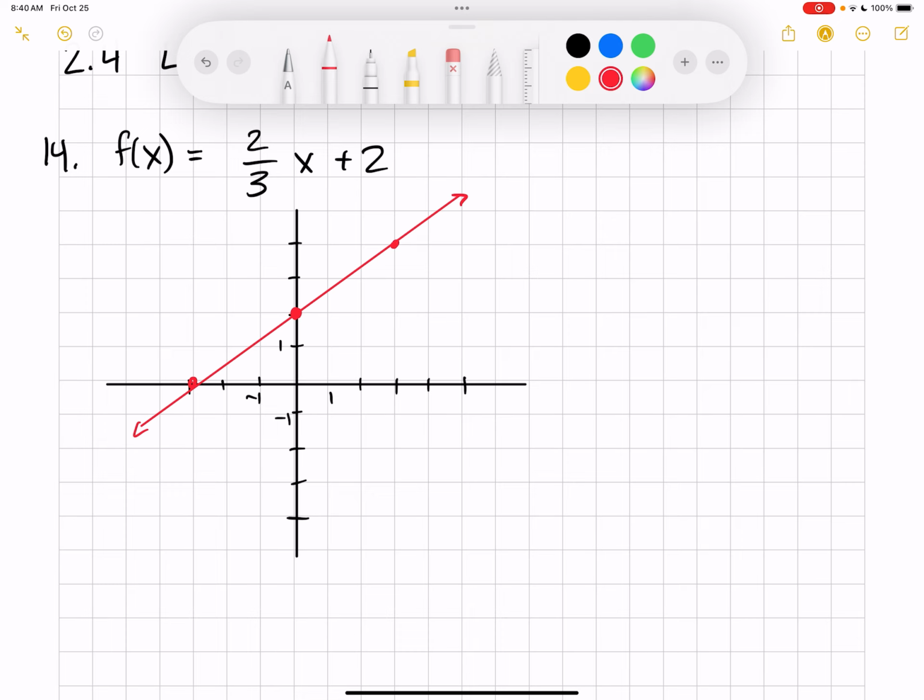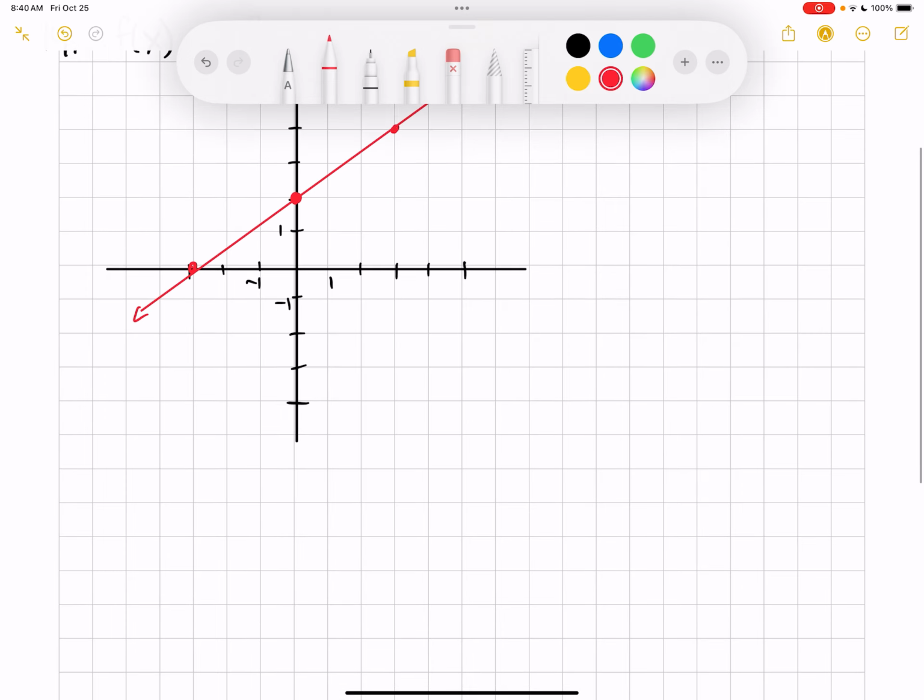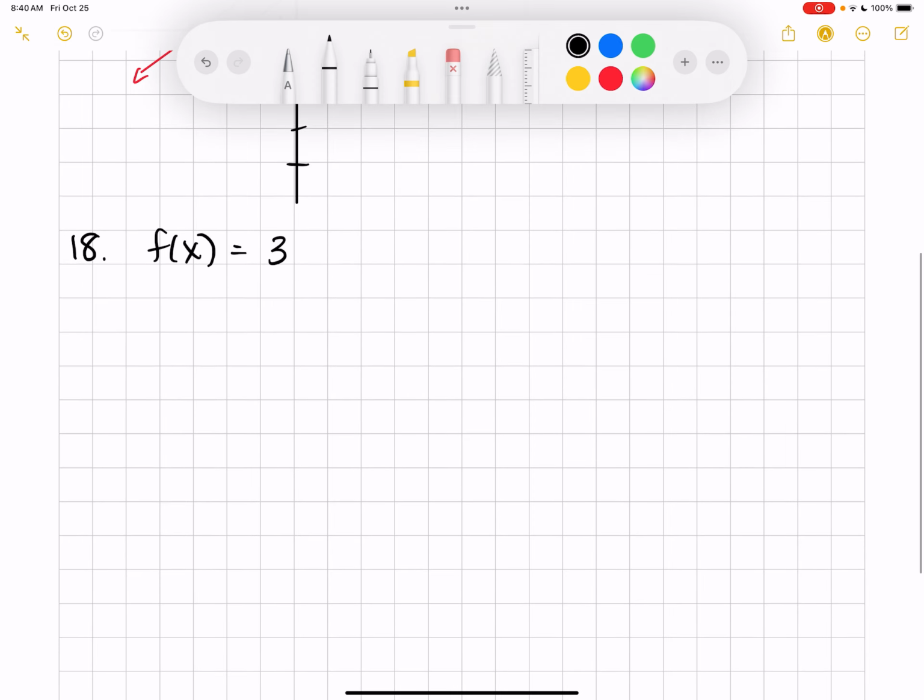What happens if I have something like number 18? f of x equals 3, and I need to graph that. What is that graph going to look like? A straight line. In what way?